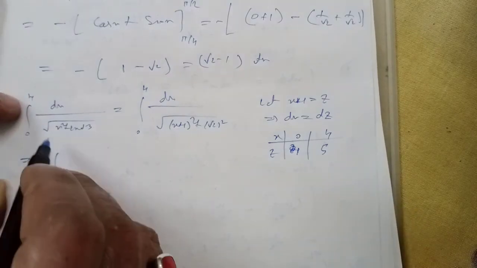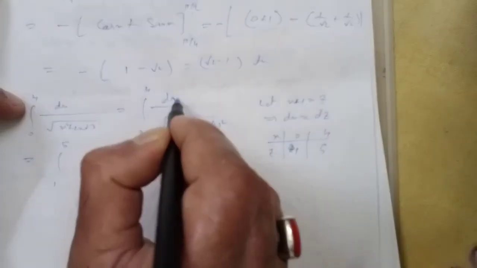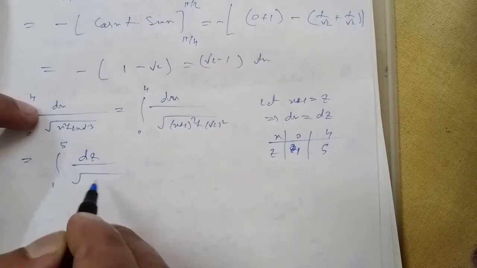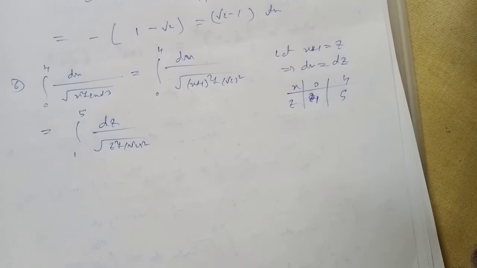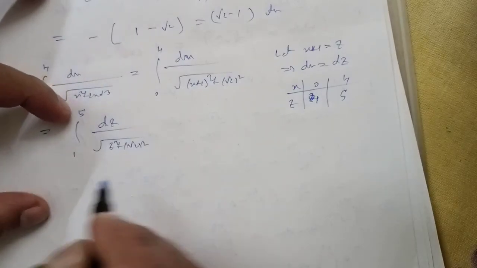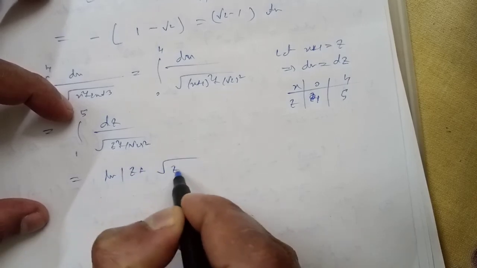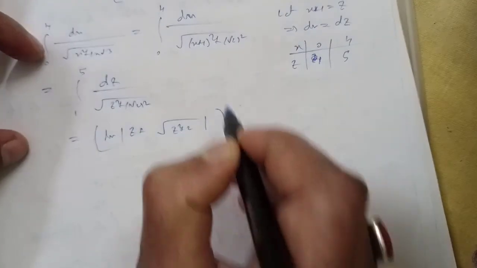Now the limits of integration become 1 to 5, dx becomes dz, and under root this becomes z square plus root 2 square. Now recall the formula: dz by under root z square plus a square is ln of the modulus of z plus under root z square plus a square, and your limits are 1 to 5.